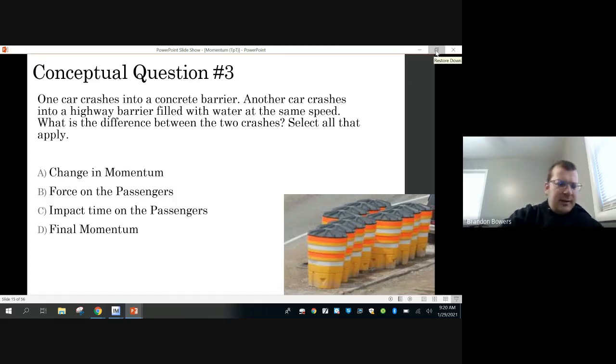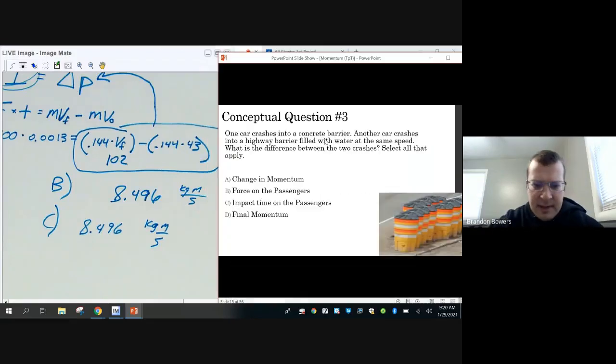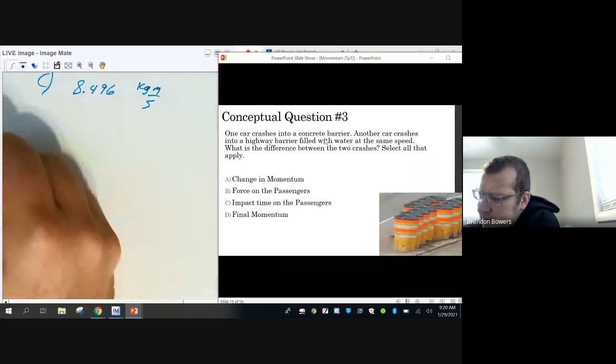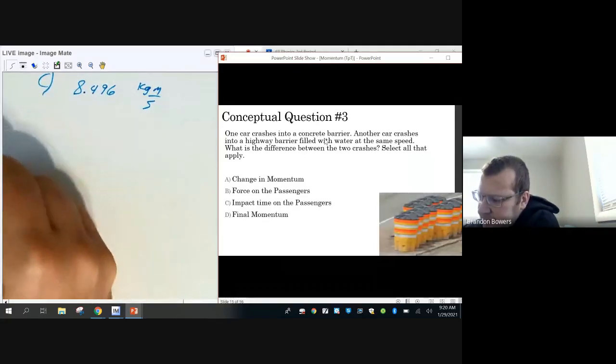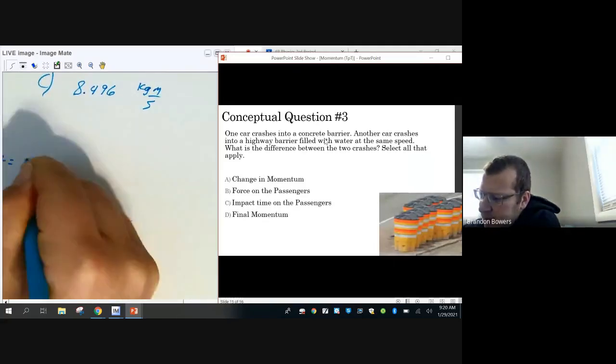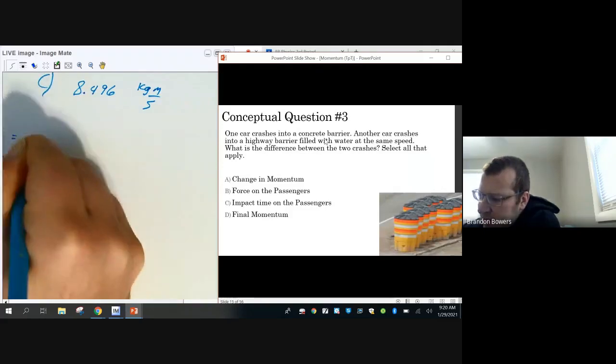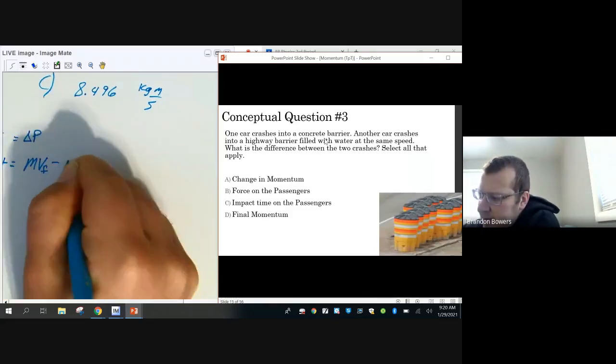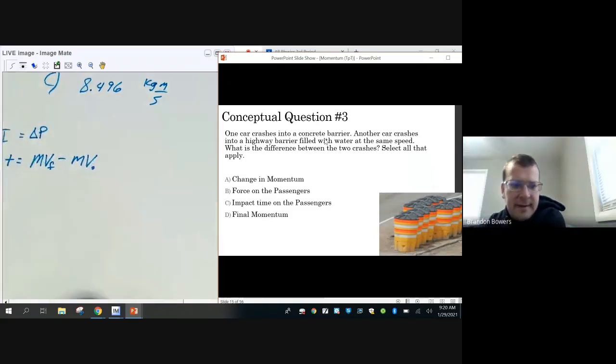Well, if we think about this, my impulse, force times time, is equal to my change in momentum, which is mass times final velocity minus mass times initial velocity.